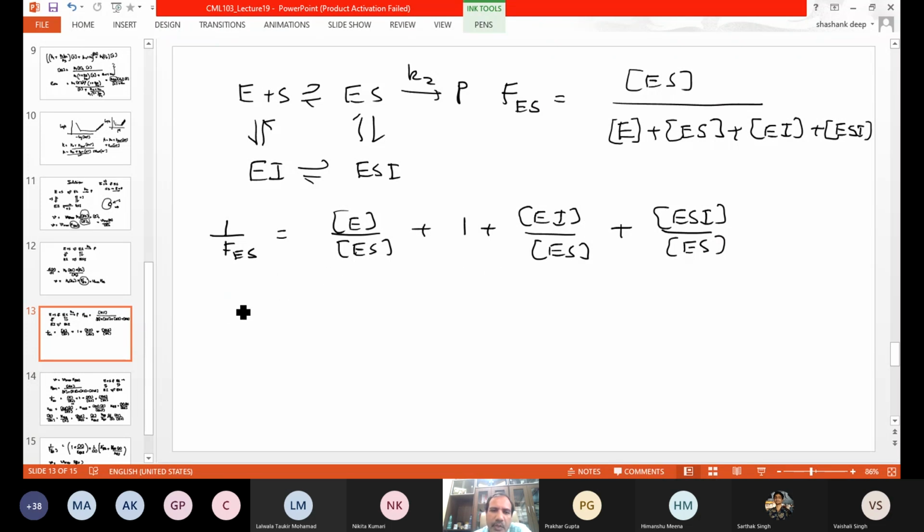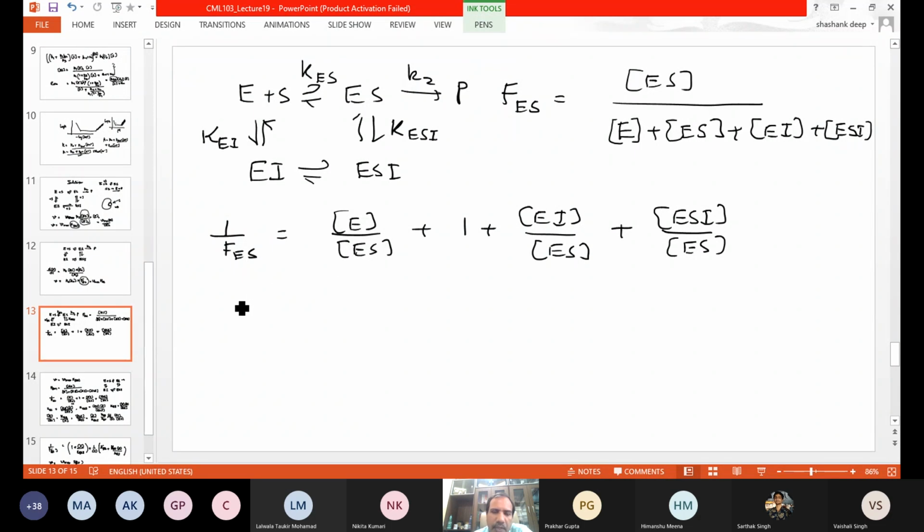Now you have to express this in terms of E by ES. So let us see, again dissociation constant. We will take KES, KEI, KESI, the dissociation equilibrium constants.